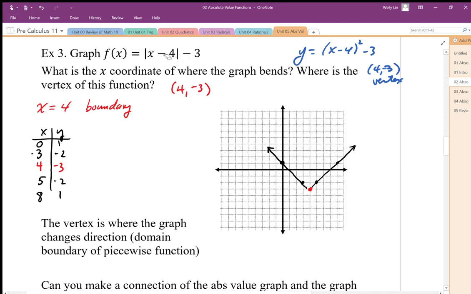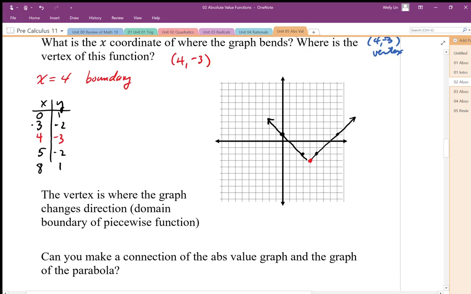As a function, we can establish key parts of functions by some parts of the equation. So the vertex of this function is where the graph changes direction, and that's going to be the domain restriction, where the boundary is, where my domain is on one side of 4 versus the other side of 4. It's the domain of the piecewise function.